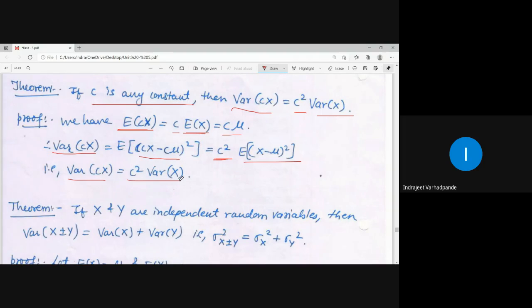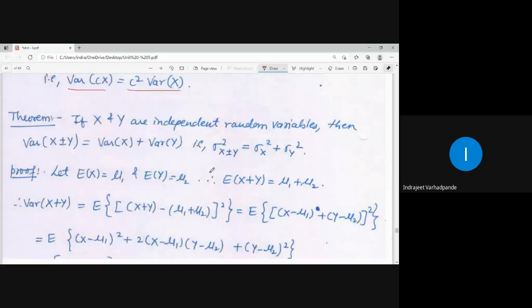Var of cx is c square into var of x. So accordingly, whatever expectation we calculate for cx is c into mu, and var of x is expectation of x minus mu whole square. Now instead of x, whose variance are we taking? Of cx. So what gets attached everywhere? c gets attached. What can be taken outside?